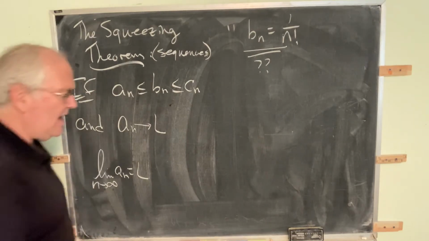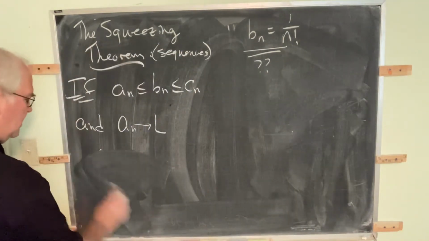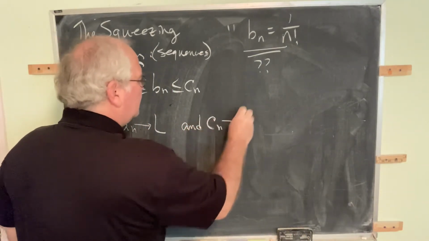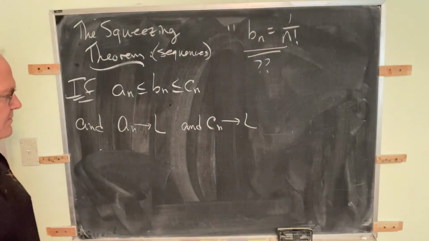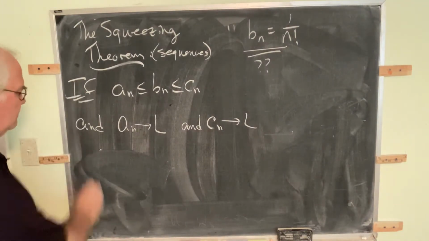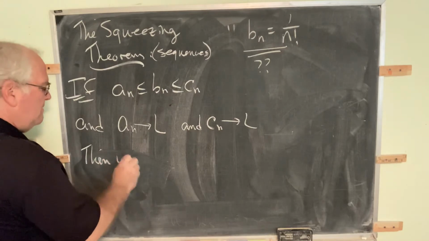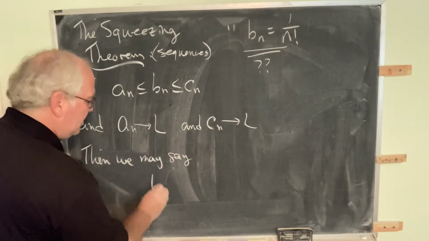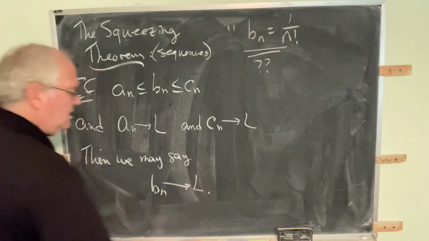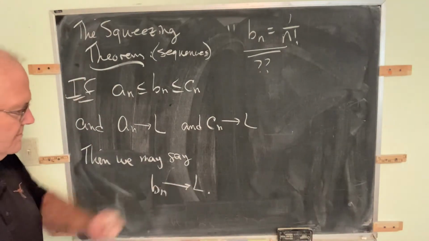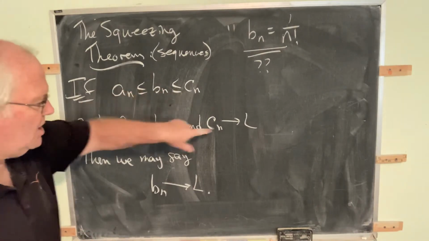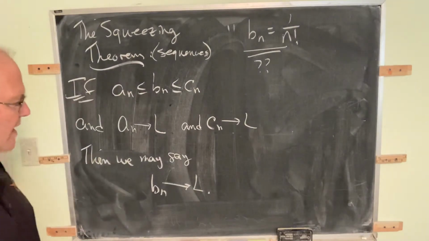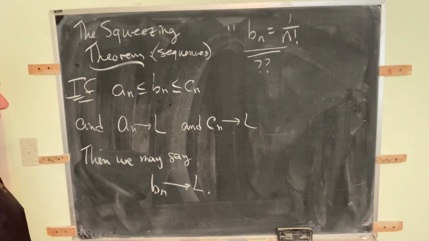If we know an goes to L, and Cn goes to limit L, then we may say that Bn also goes to the limit of L. So if the outside functions go to the same limit value, then Bn must also go to that limit value, assuming Bn is captured between.